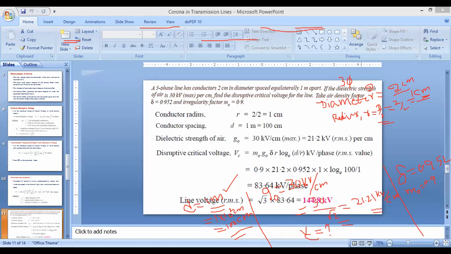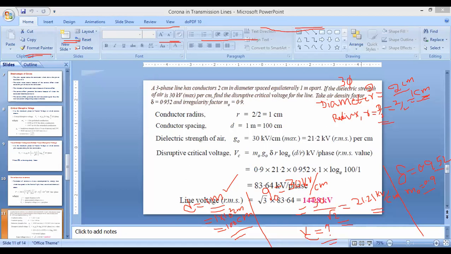Here we want to find the disruptive critical voltage Vc, taking air density factor delta equal to 0.952 and irregularity factor m0.